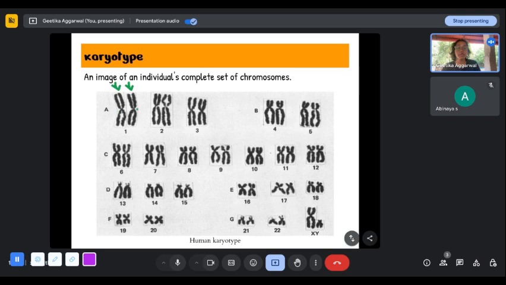So one comes from each parent in the pair. We have these 23 total pairs from the largest to the smallest. And here these are the somatic chromosomes, and this is the sex chromosomes, which are X and Y in humans. If it's XY, it's a male. If it's XX, both of them, then it's a female. Okay. So this is the karyotype of a human male.